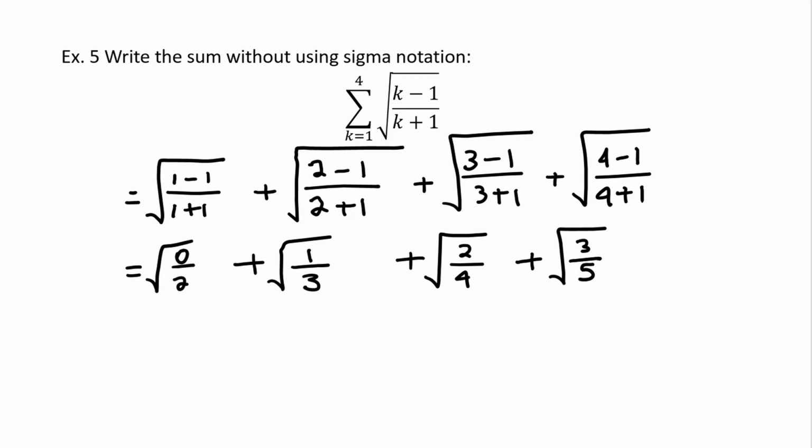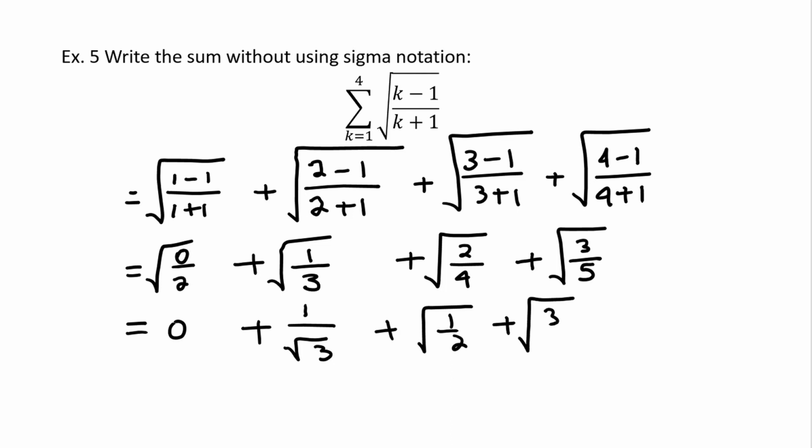Let's go ahead and take care of the first term, which is just 0. And the rest of it we can leave as is, or you can write it as 1 over the square root of 3 plus the square root of 1/2 plus the square root of 3/5. However, the second line of the way we wrote the expansion is usually sufficient.